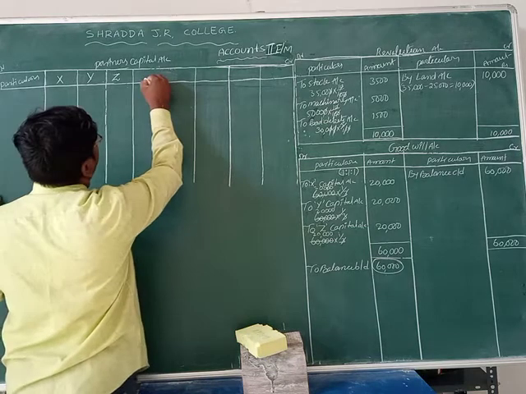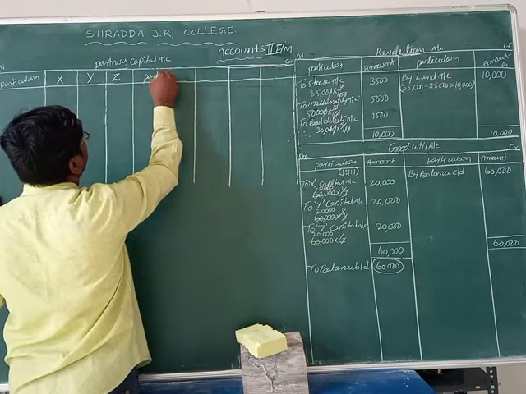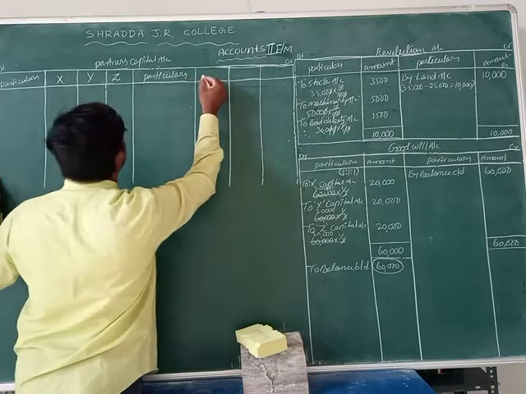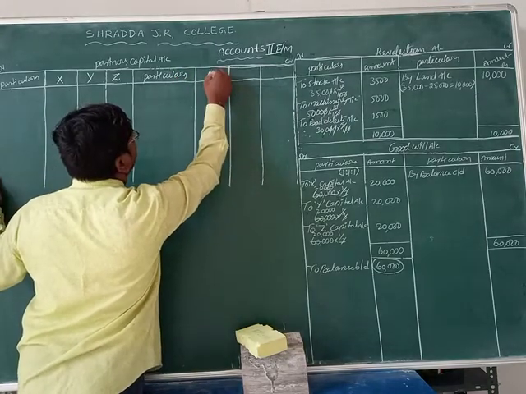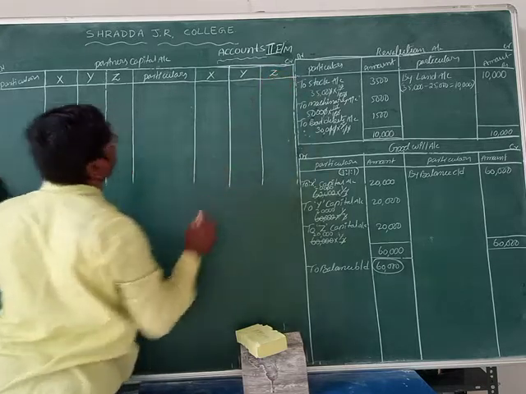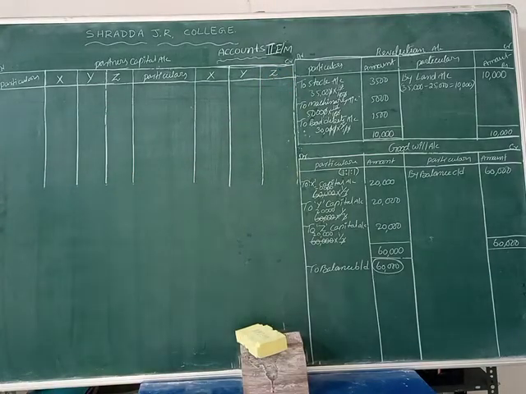Now next, at the same time, particulars: X, Y, and Z. Here also three partners are there. It is the partners capital account on retirement of a partner. We are preparing the retirement of partner's capital account now.